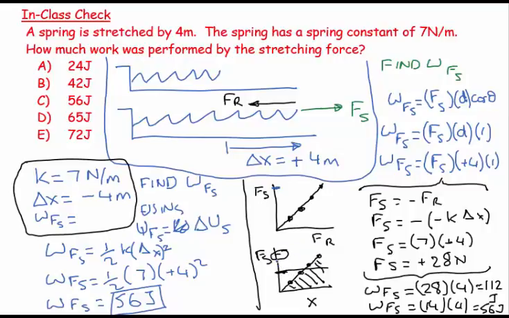So rather than using the maximum value of Fs, I use the average value of Fs, which is, rather than 28, 14 newtons, and then multiply that 14 newtons by the displacement, and I'll get the true answer for my work done. There's nothing wrong with that. It just involves a conceptual point which might not be immediately obvious until you practice doing a lot of these things. It's a subtlety to some extent.